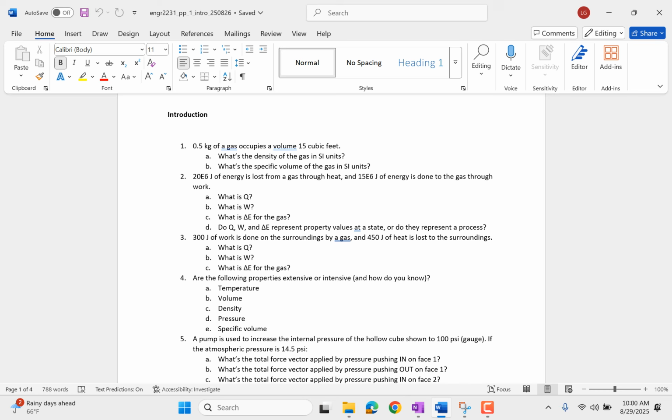That's right. Work is either done on the system or on the surroundings by the system. If it's done on the surroundings by the system, then W is positive. If it's done on the system, then W is negative.